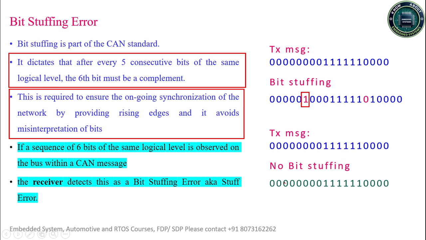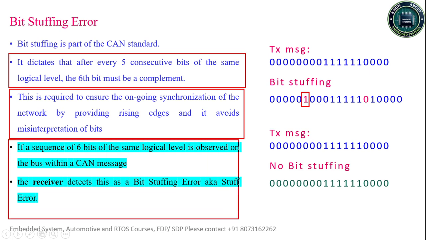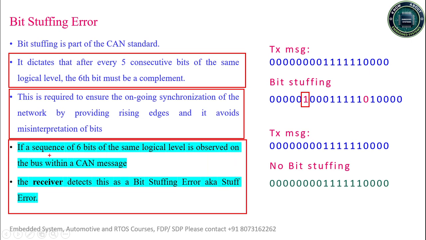So whenever bit stuffing is missed, whenever you have more than 5 bits of data of the same polarity, whenever there is no bit stuffing, the bit stuff error will happen. Now you can see the next point here. If a sequence of 6 bits of the same logical level is observed on the CAN bus, that means you should not have 6 bits of the same polarity. This is not allowed.